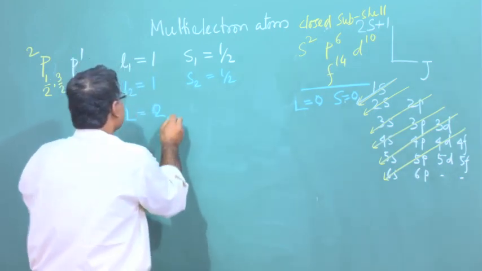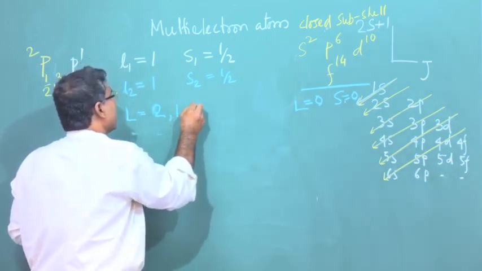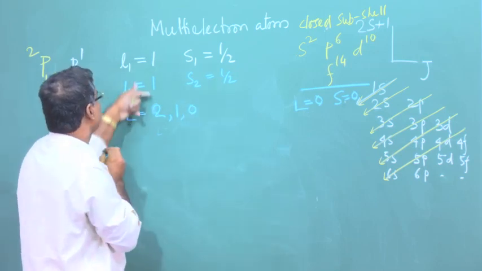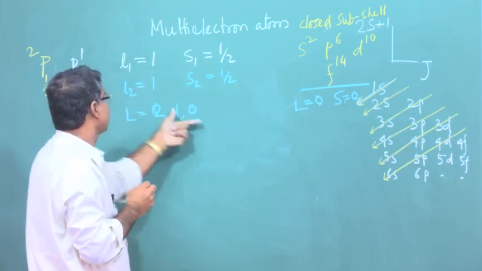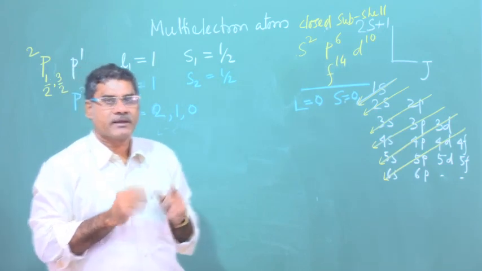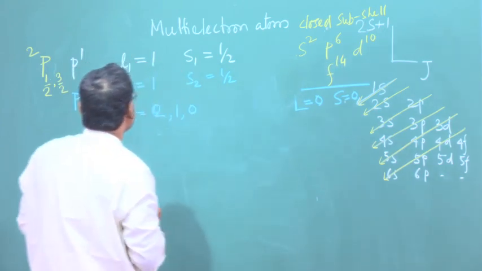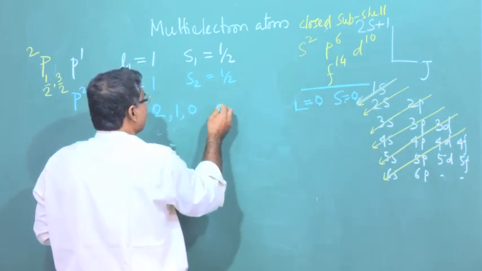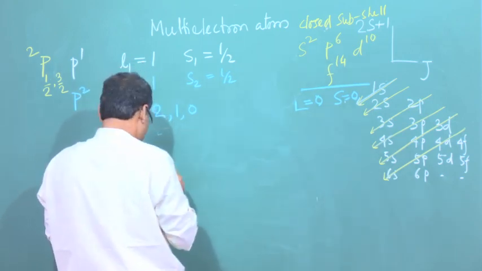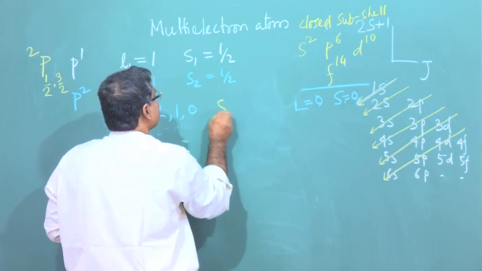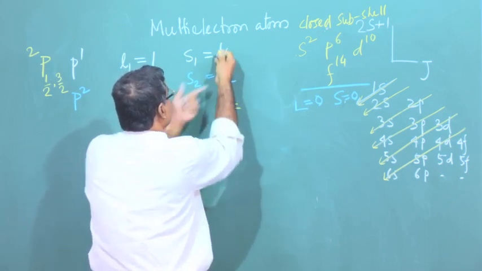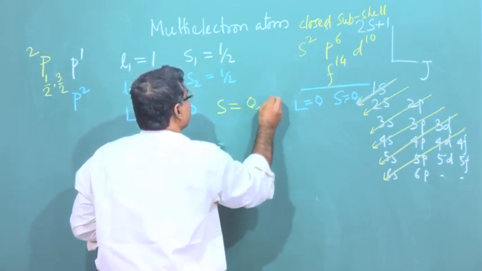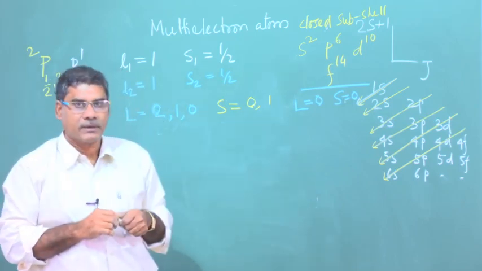So you will get 2, 1 and 0, where L1 minus L2 is 0. So I will get 3 L values, and the S values I will get are 0 and 1.